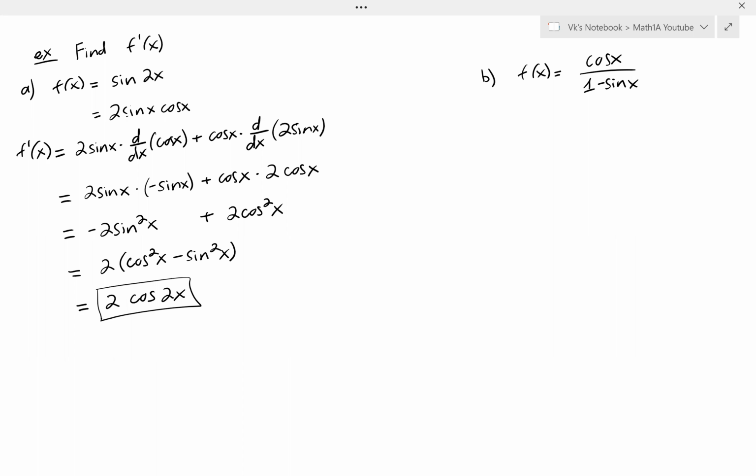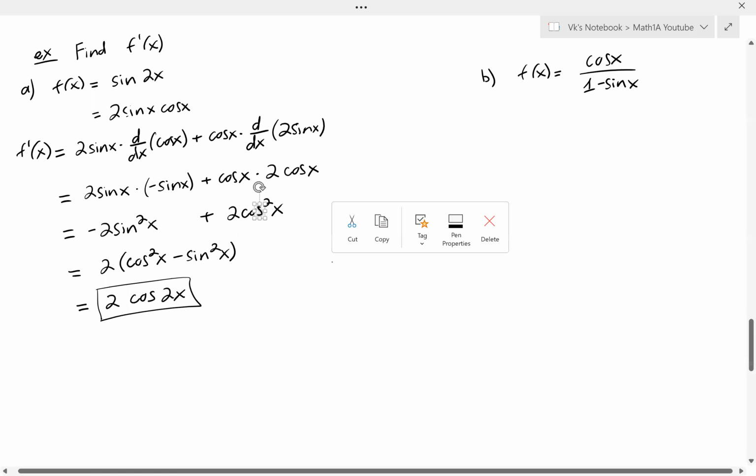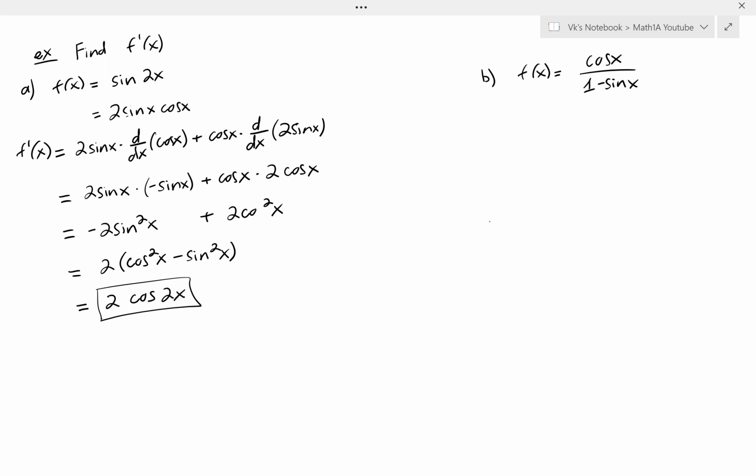B, f x equal to cosine x over 1 minus sine x. F prime x is, well, this is the quotient.